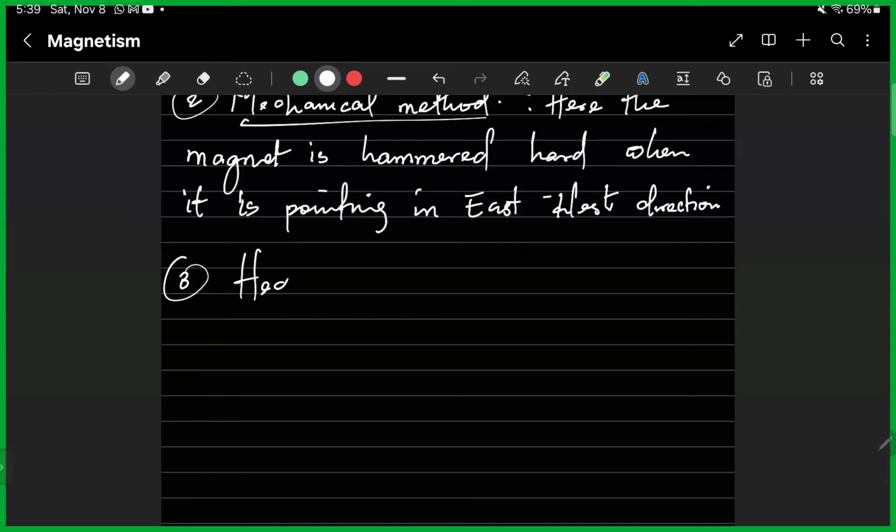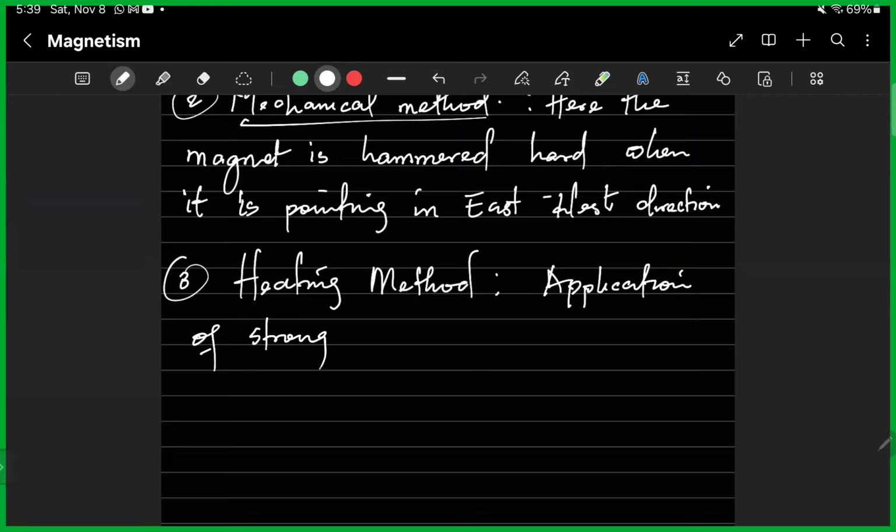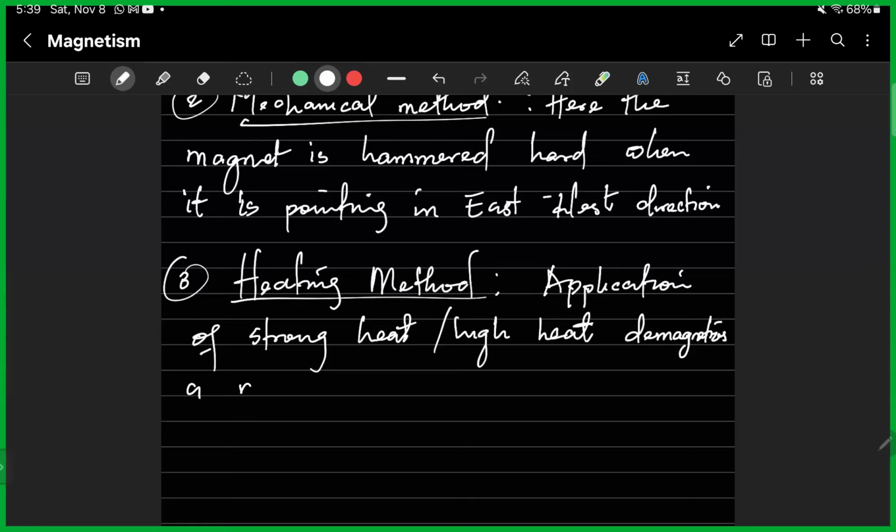And there is a heating method. In this method, application of strong heat demagnetizes a magnet.